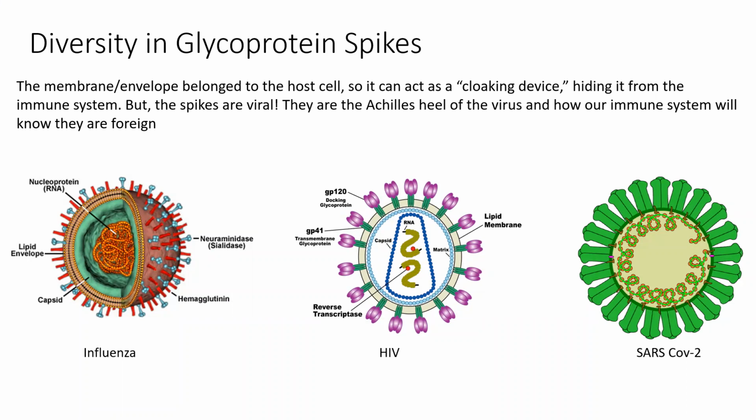So even though a virus is taking part of that plasma membrane with it, it still has those glycoproteins that stick out and help the virus attach to the surfaces of other cells. So our immune system is still able to recognize that the virus is foreign because of those glycoproteins.